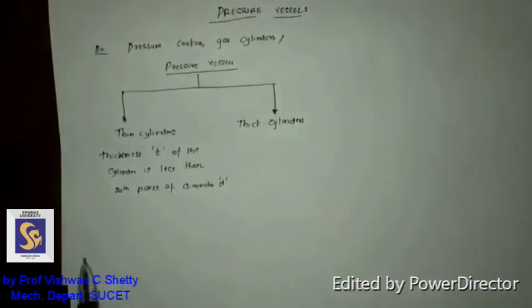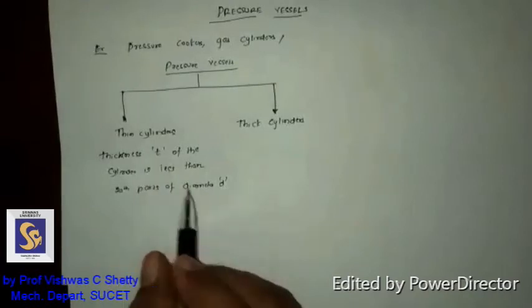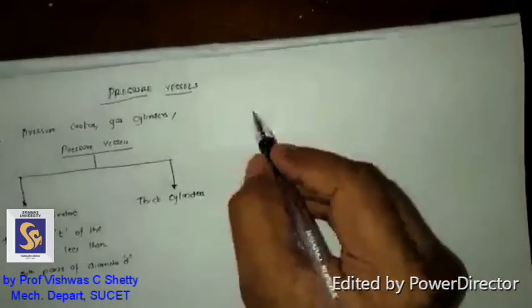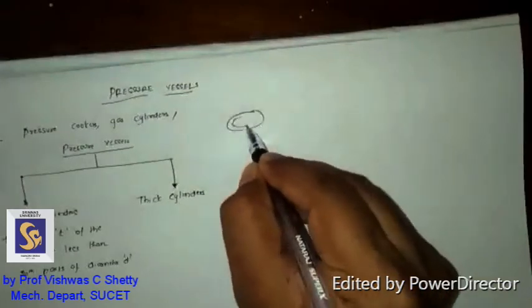Is it okay? The thickness will be less than the diameter of this cylinder divided by 20. So, for example, in general, this is a cylinder, correct?